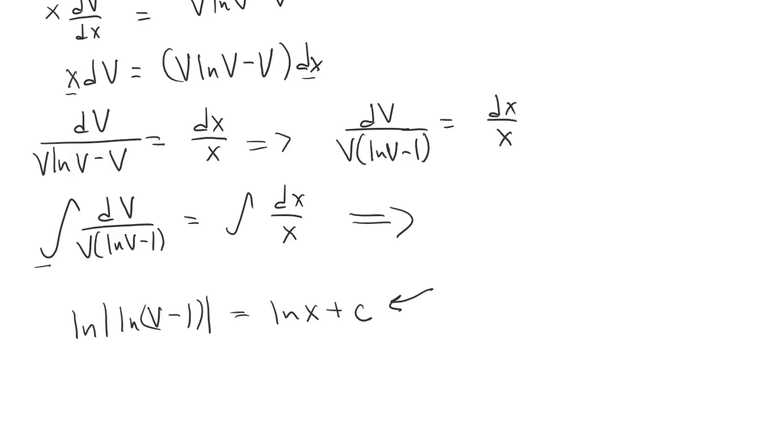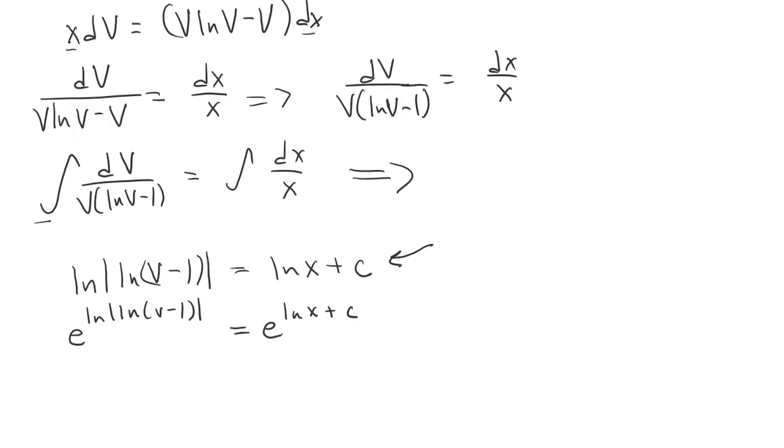But what we can do now is take this and raise it to the e power, and that'll equal e to the ln x plus c. On this side, we're left with ln v minus 1, and that equals Cx.